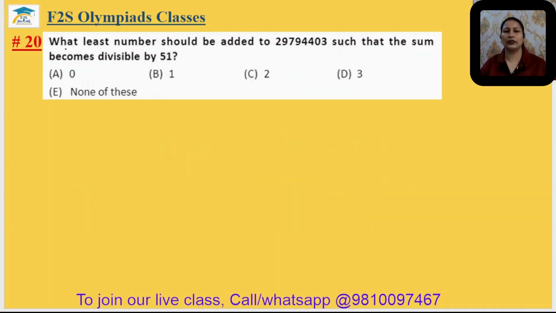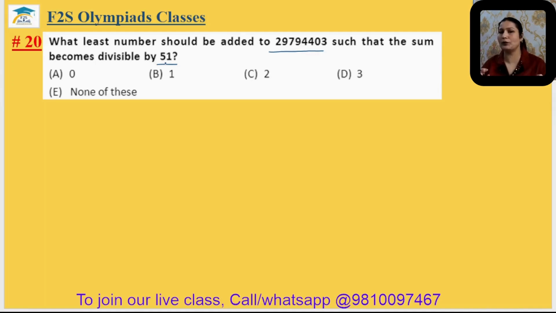Come to question number 20. What least number should be added to this such that the sum becomes divisible by 51? The least number should be added, right? So the number should be divisible by 51. First we will find the remainder.